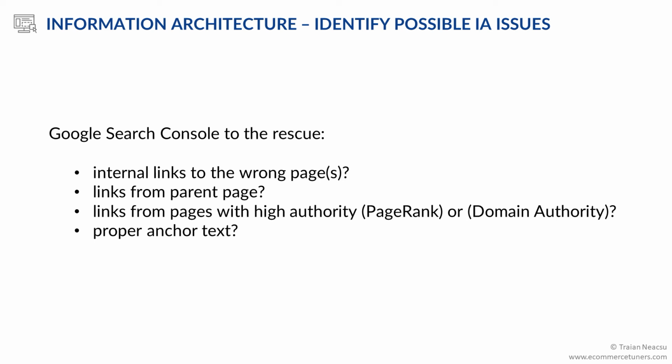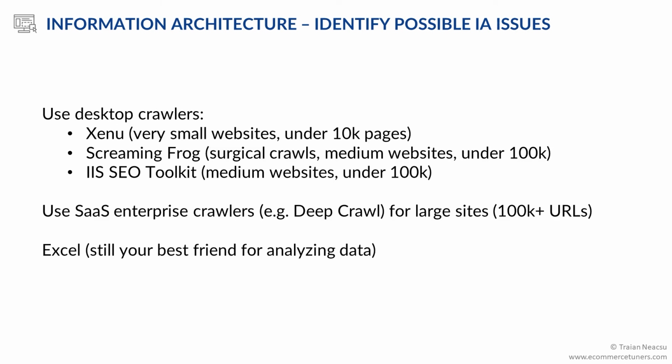If there are issues like the ones I just mentioned, it's time to restructure some internal linking. Keep in mind that Google won't allow you to download the complete list of links, just the top ones. Another good method to assess the internal linking is to run a crawl on your website using tools like Xenu or Screaming Frog and export the results in Excel to play with.